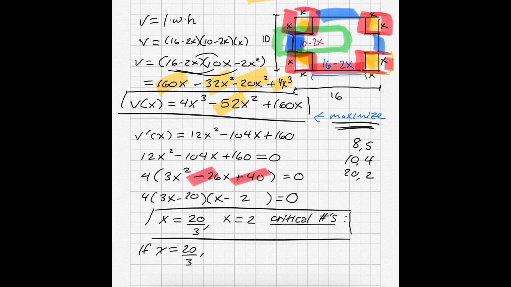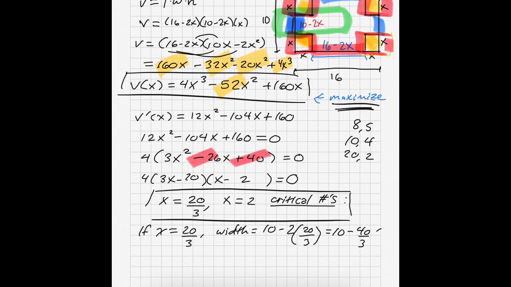On my rectangle, the width would be equal to 10 minus 2 times 20/3, which would be 10 minus 40/3.